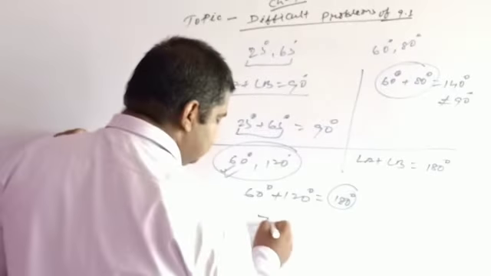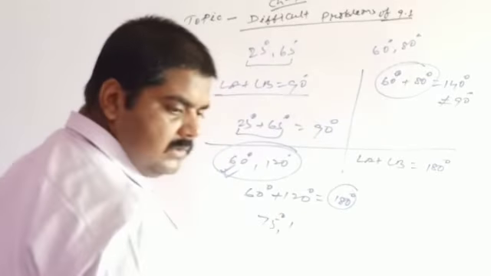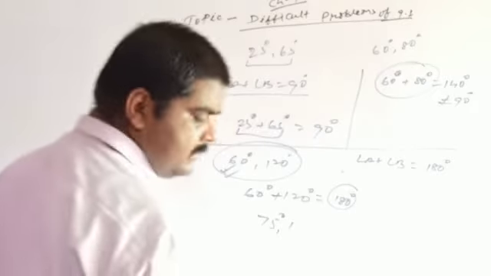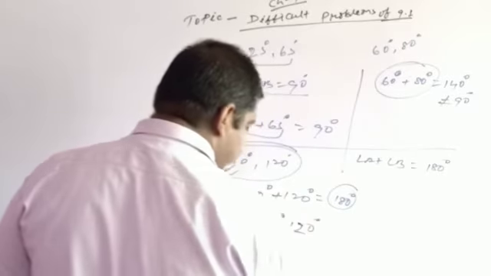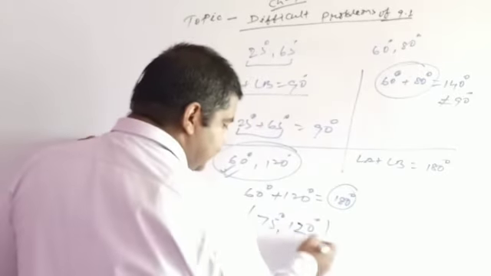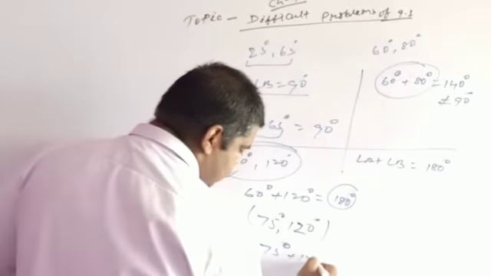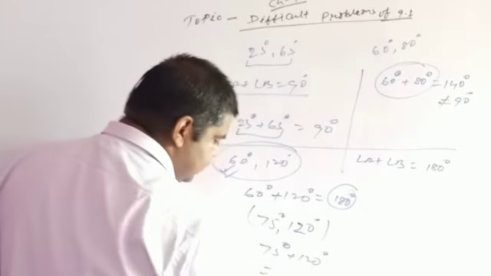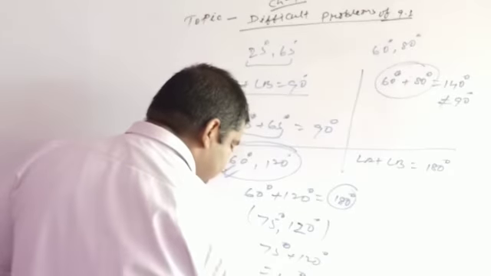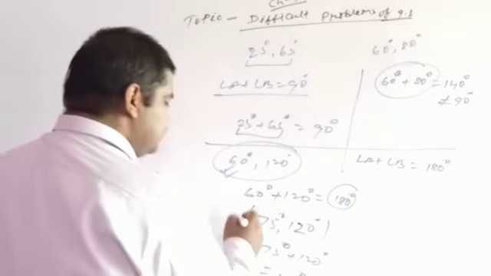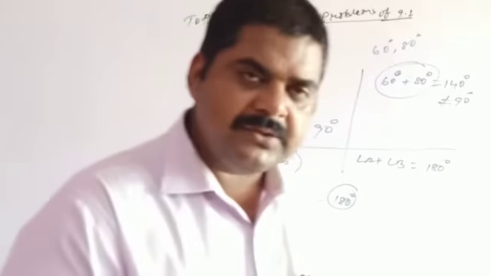One more pair I checked, 75 degrees and 120 degrees. Their sum is 195 degrees, which is not equal to 180 degrees, so this pair cannot be supplementary angles.